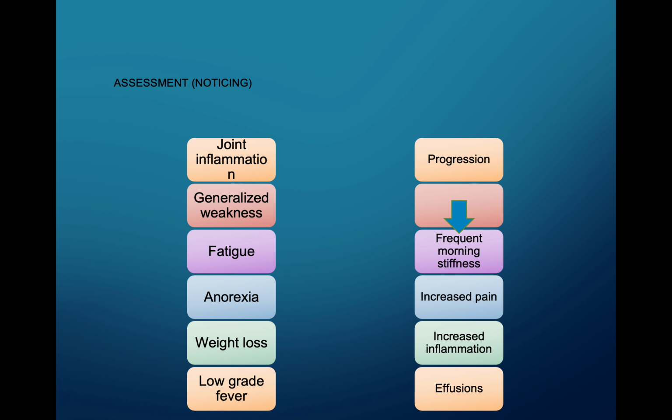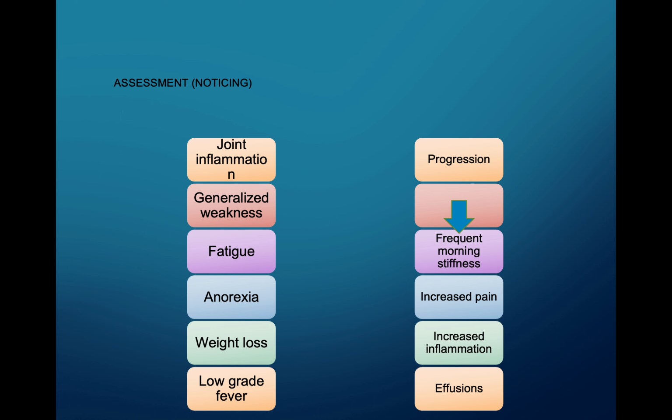Oftentimes, the earliest symptoms that a patient may experience are really just generalized weakness and fatigue. Those are symptoms that can occur with lots of different things, so it can definitely be challenging for a provider to diagnose rheumatoid arthritis because they are very vague, general symptoms.